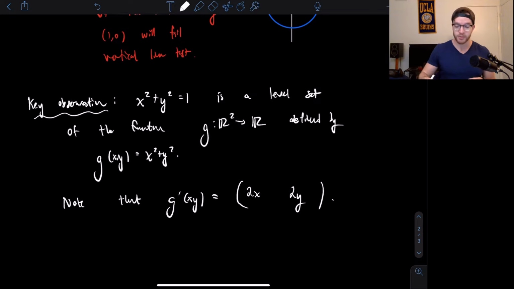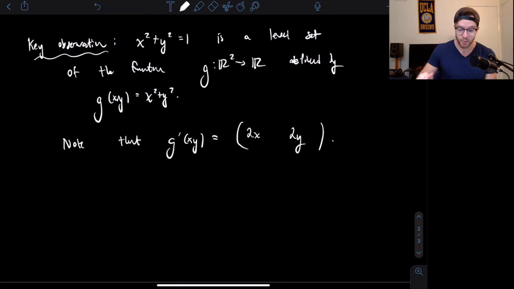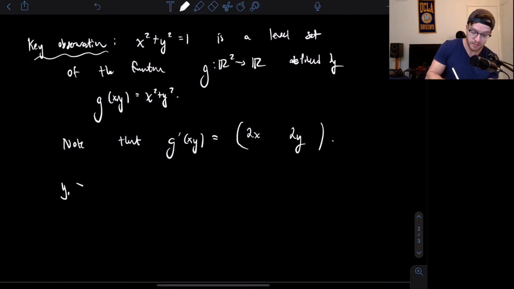Not the most thrilling computation, but here's the point. We had 3 different cases, right? One of the cases was when y was positive, one of them was when y was negative, and the other one was when y equals 0. Actually, let me write it like this.